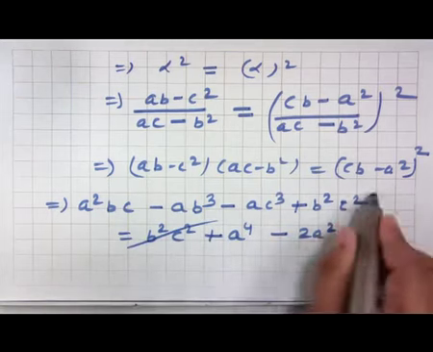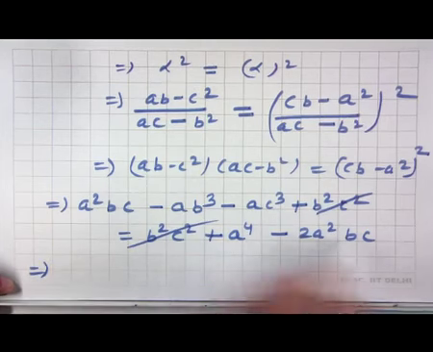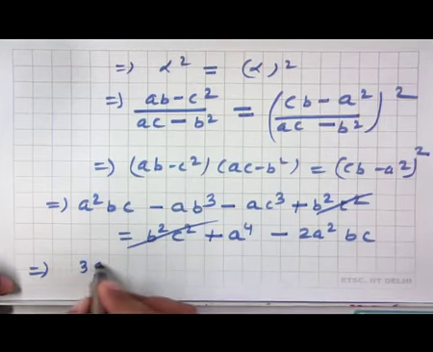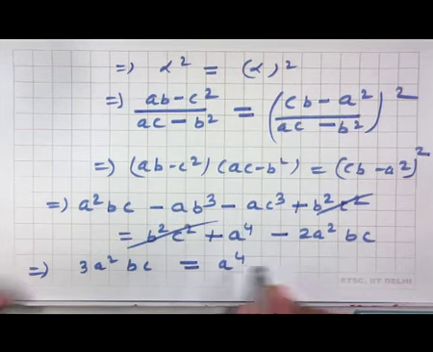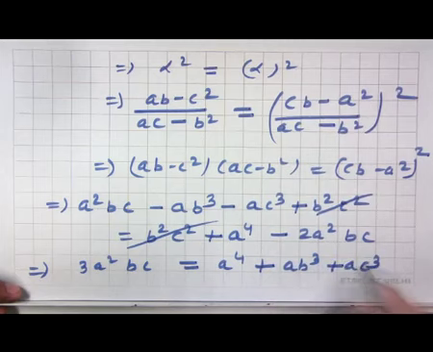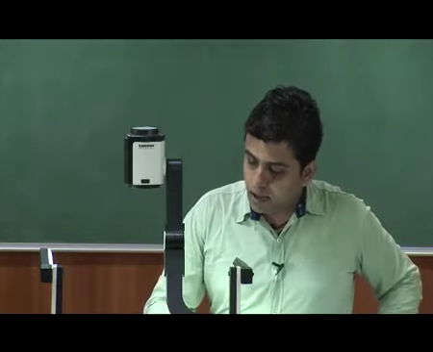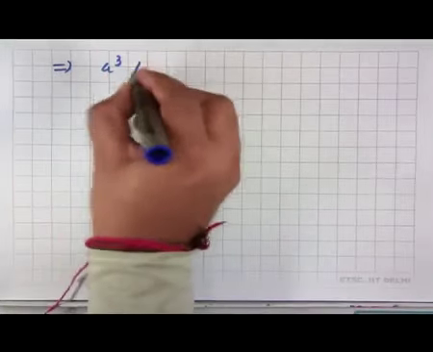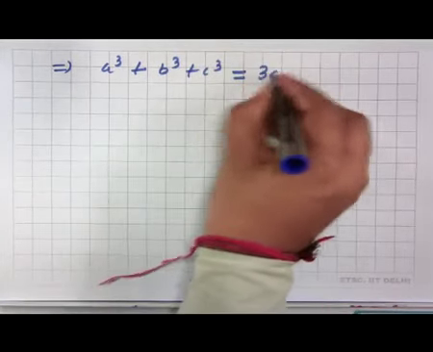This cancels with this. Now it will be 3a square bc equals a to the power 4 plus ab cube plus ac cube. On dividing by a on both sides, the condition will be a cube plus b cube plus c cube equals 3abc.